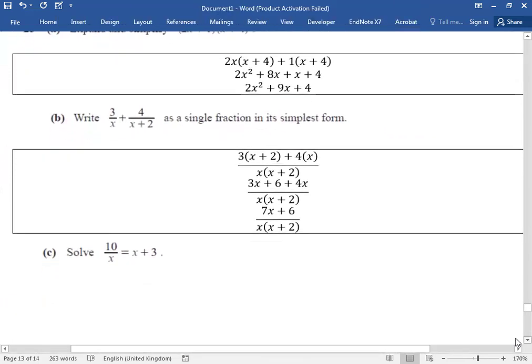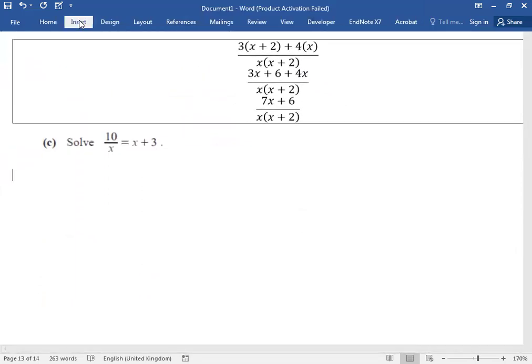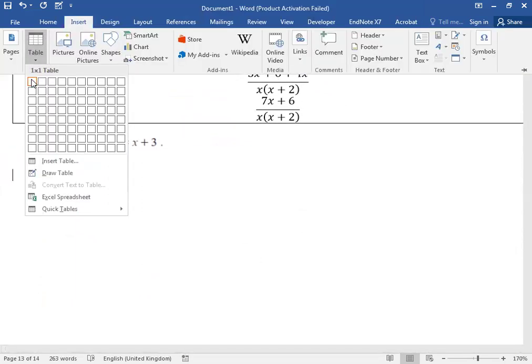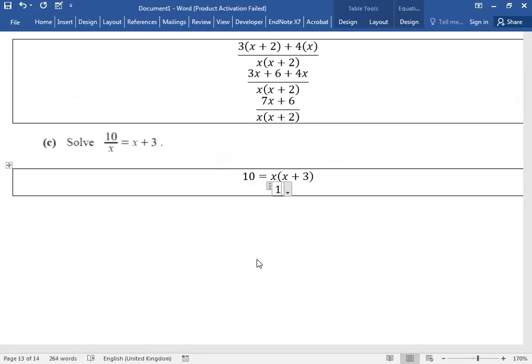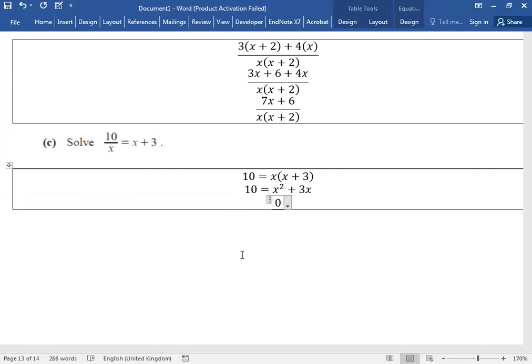Okay, class. How do we solve this? The whole x will be multiplied by x plus 3. Use appropriate brackets. x is being divided here. If it goes to the other side, it will multiply.